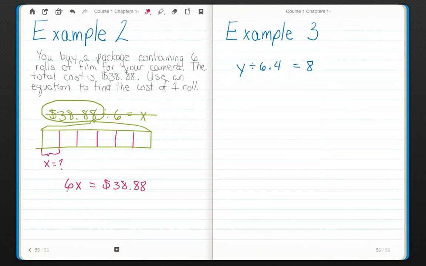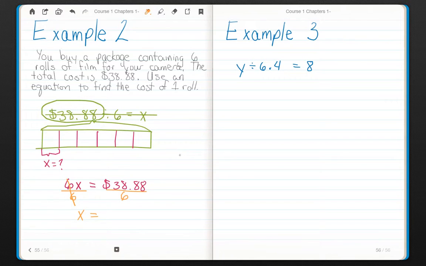Now I can apply the division property of equality by dividing both sides by 6 to get x by itself. Since 6 divided by 6 is 1, these cross cancel, and I'm left with x equals $38.88 divided by 6. Now that's what we had up here. We just wrote it as a multiplication problem first.